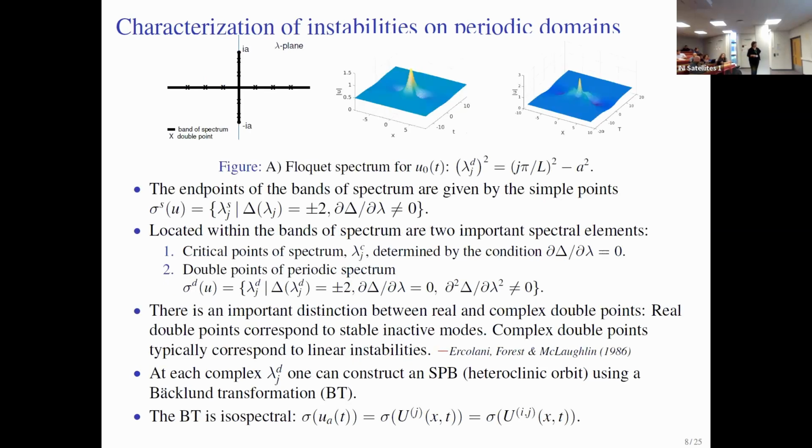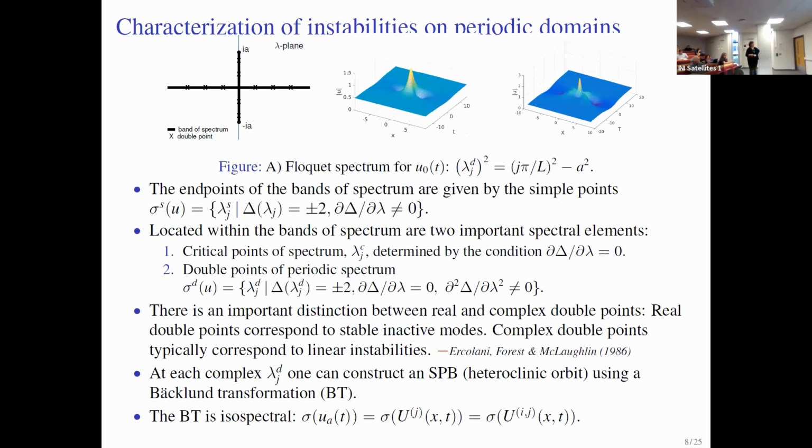Okay, so to illustrate the main features of the spectrum that we would be using, we'll just discuss it in the context of the Stokes wave. And so the endpoints of the bands of spectrum are given by simple points of the discrete spectrum.